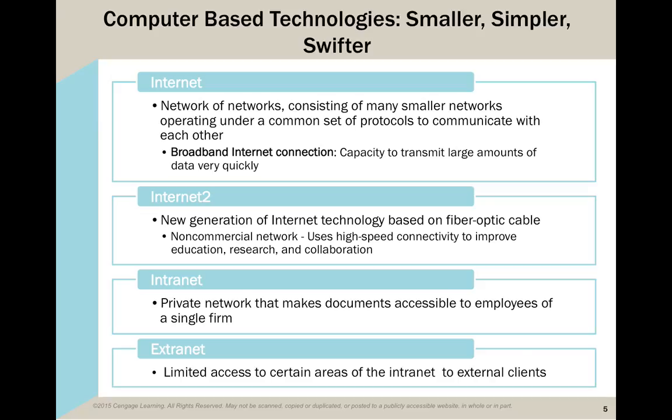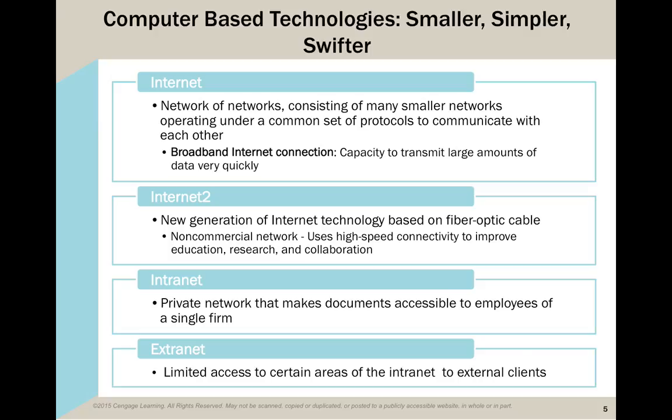Well, think of a network as a group, and it's where these groups would operate under a common set of rules or protocols to communicate with each other. One example that we see a lot is broadband internet connection between Comcast and Dish and other computers. And with these types of systems, we have the capacity to transmit large amounts of data very, very quickly.